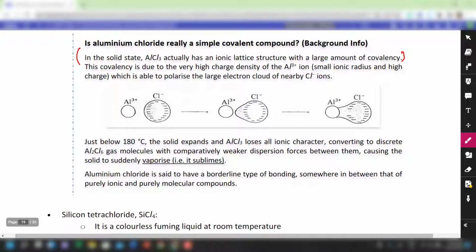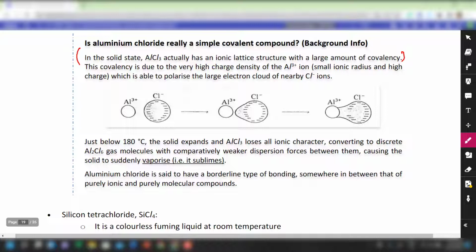If you heat the solid to slightly above 180 degrees Celsius, the solid expands, aluminium chloride loses its ionic character, and in the process it produces the dimer, which is the gaseous molecule. The dimer, being a simple discrete molecule with weak dispersion forces between the molecules, will vaporize and escape from the surface of the solid AlCl3.